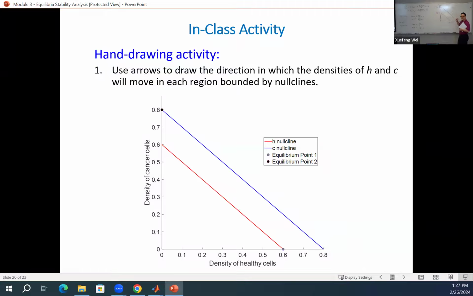So for this point, we have dx1 dt smaller than 0 and dx2 dt smaller than 0. Now which direction is it going to move? Northeast, northwest, southeast, or southwest? So this is east, this is north. If they're both smaller than 0, if I have a point here, after a little bit of time, where is it going to be? This way, this way, this way, or this way?